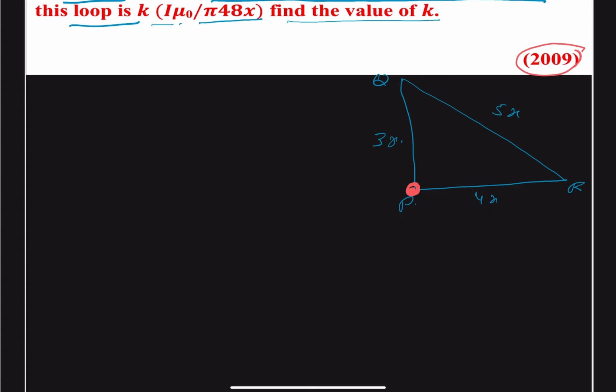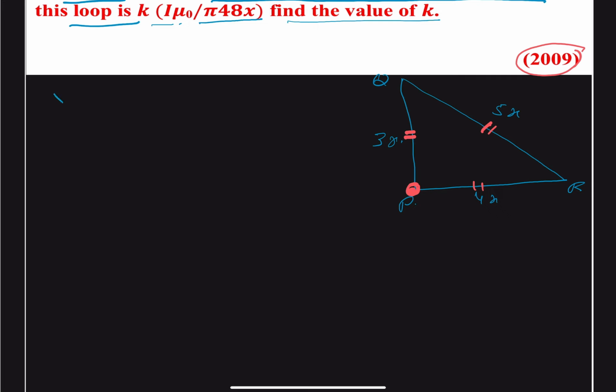One wire is PQ, another wire is PR, and the last wire is QR. Based on this, we are going to find out the magnetic field at point P. From the figure, we can easily understand that point P lies on the wires QP as well as PR.